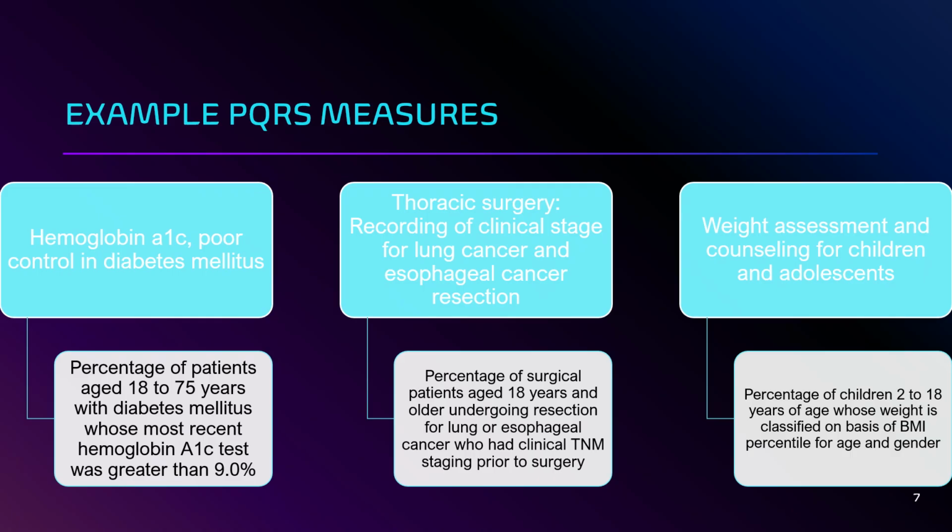Now, where do clinical engineers fit in? These measures depend on accurate technology and reliable data. For diabetes, that means lab systems and point of care devices have to produce valid hemoglobin A1C results. For thoracic surgery, imaging systems and pathology reports must integrate seamlessly into the electronic health record, so TNM staging is documented correctly.